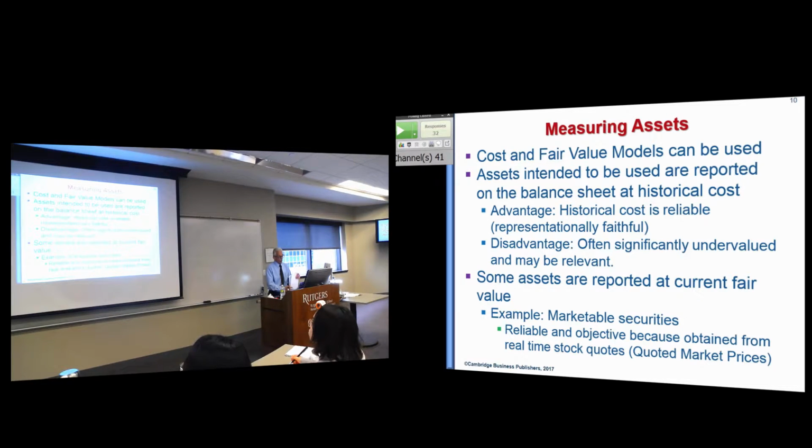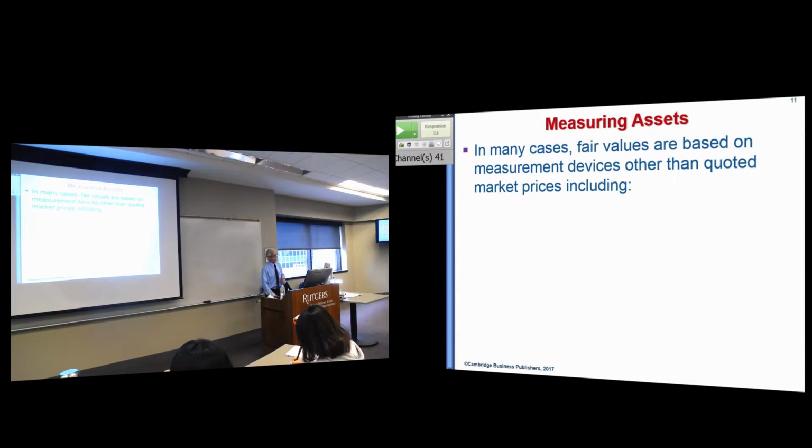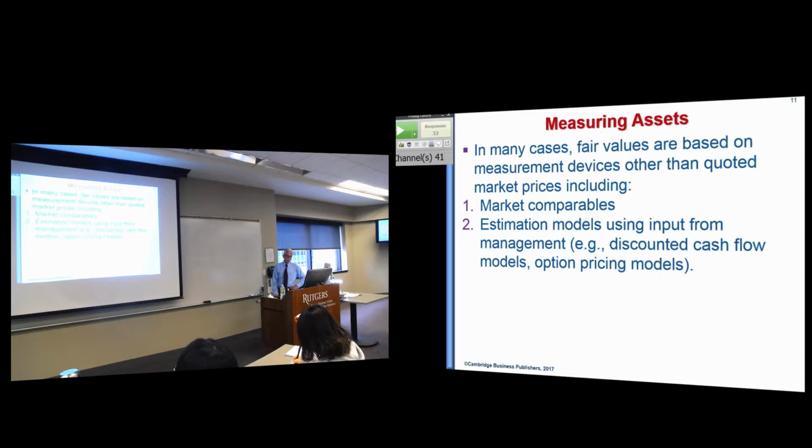The problems come in when we look at the next levels. Fair values that are not at quoted market prices, the levels 2 and 3 I had on the board in the theoretical discussion, market comparables and estimation models. This is where, yes, we have relevance, but we give up faithful representation. So these are a lot less reliable.